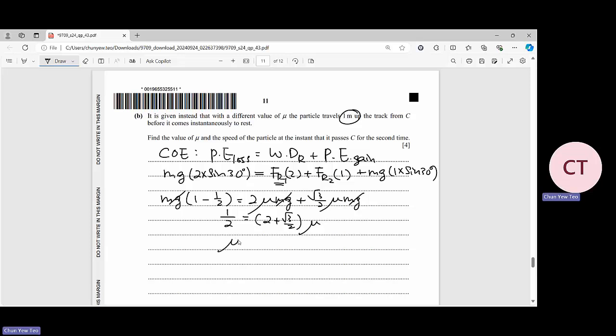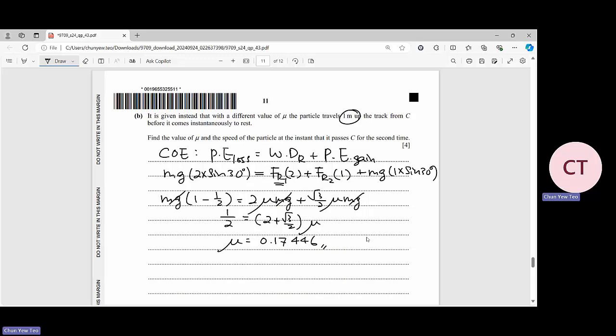So from here, you can find the mu as 0.17, or 5 over 2. I don't plan to leave the answer in the exact form, because the question is not required for the exact form. So I found the new coefficient of friction already.